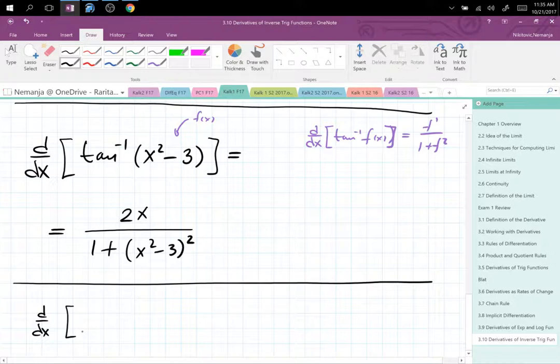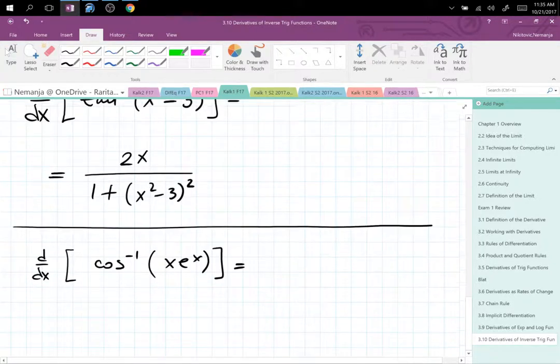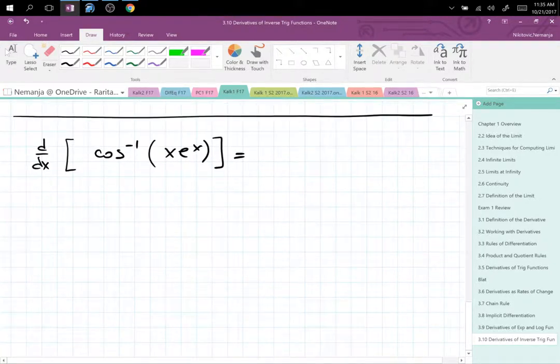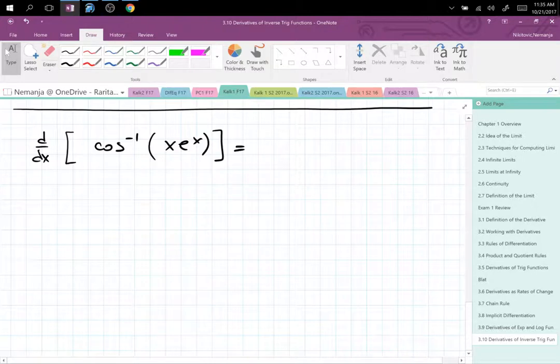The derivative of cosine inverse of x e to the x. Let's see what you get.